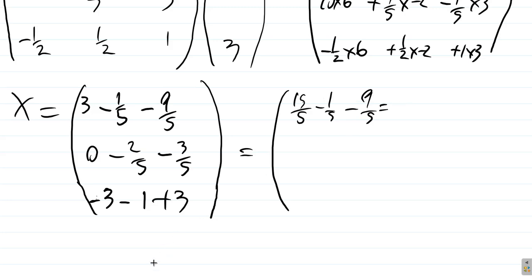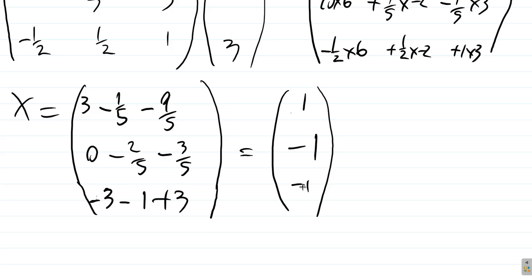So it's 5/5, so the top here is 1. It works out to 1. Now negative 2/5 minus 3/5 is negative 5/5, which is negative 1. Negative 3 plus 3 is 0. It seems like these are the answers.